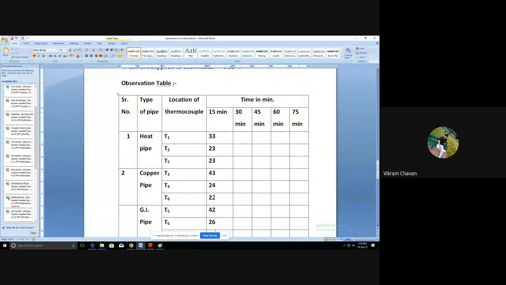We took these readings initially only to reduce the time for the performance.